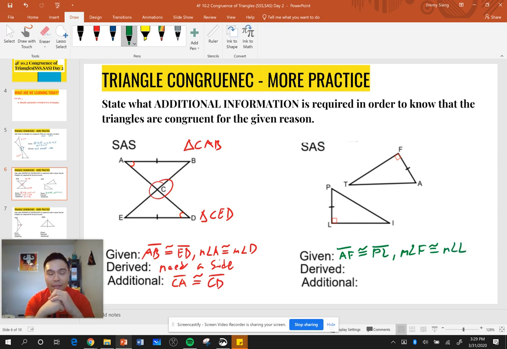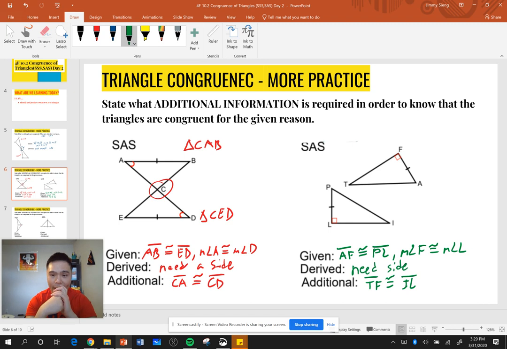Well, I can derive that it looks like I need a side. So I need side TF to be congruent with IL.